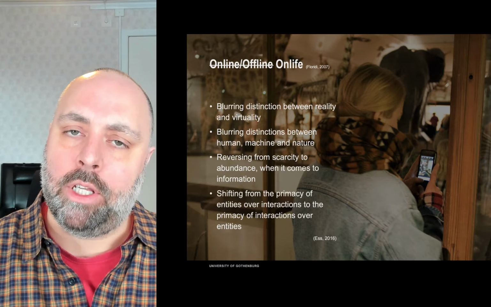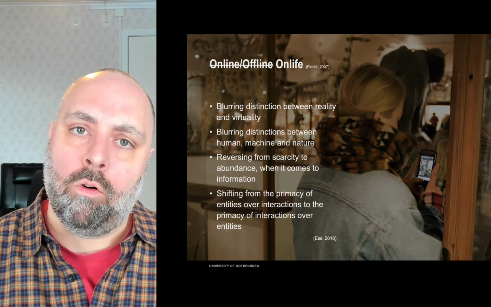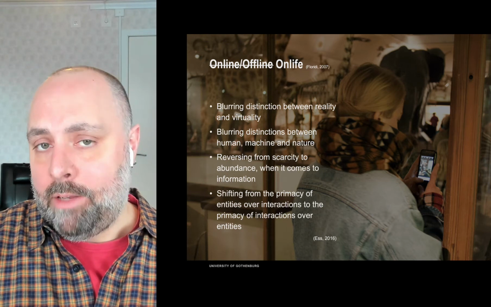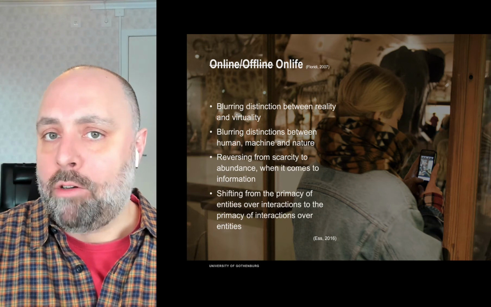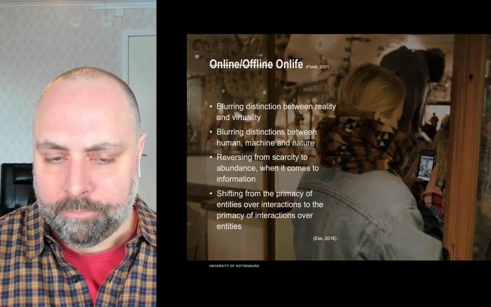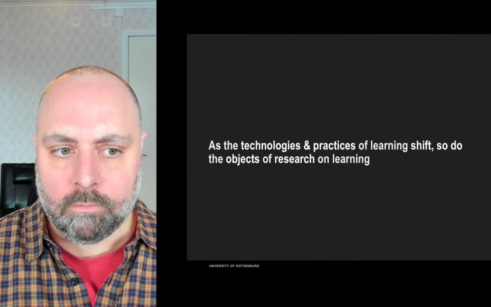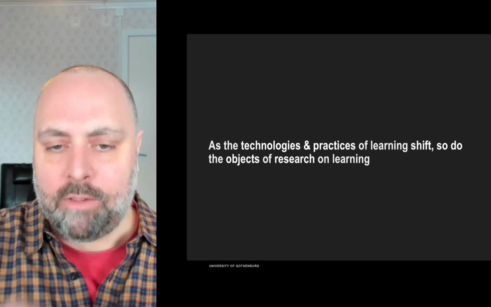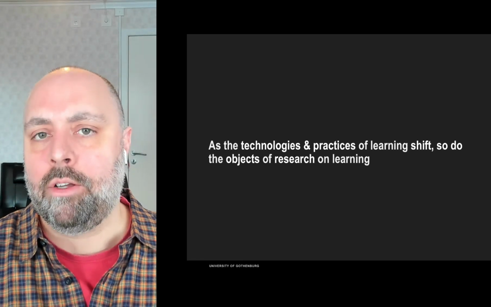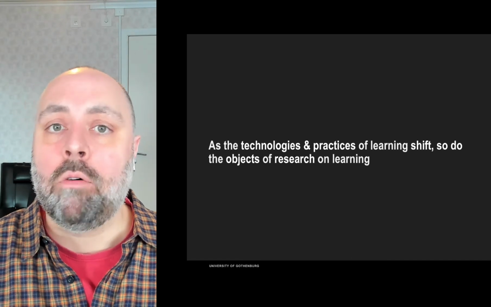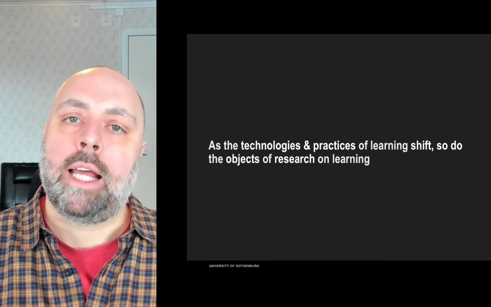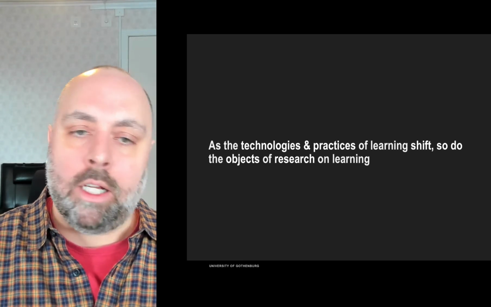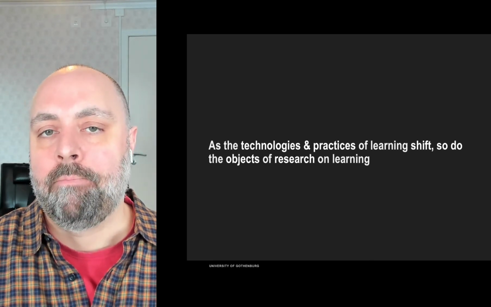So the entity of the object of us or the information is not as important in this information landscape as the interactions that take place. So as the technologies and practices of learning shift, so do the objects of research on learning, and they have to. We have no other choice. If we want to understand learning, we have to follow them through whatever material and technological shifts take place.